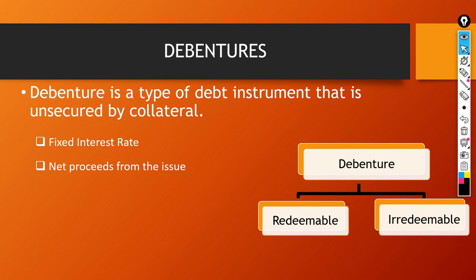So whenever we issue debentures, we incur some expenditure for the issue. Net proceeds means whatever amount I get by the issue of debentures, from that amount I have to subtract all my expenditure.